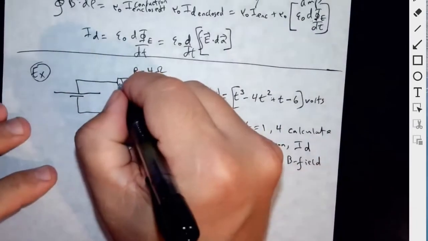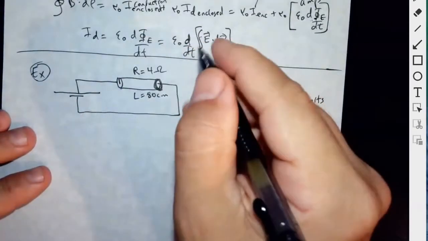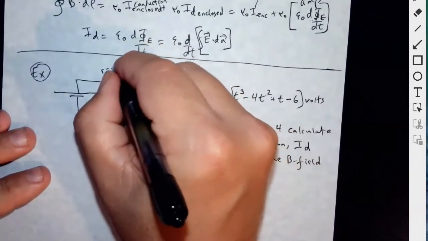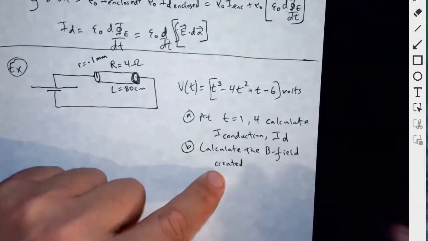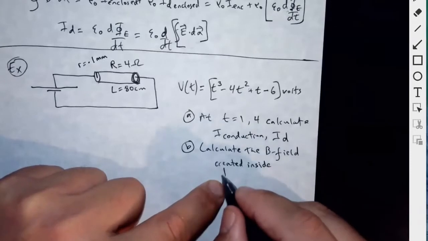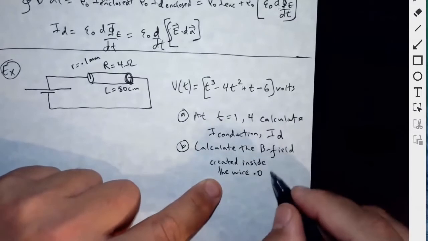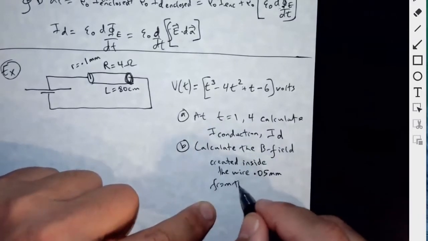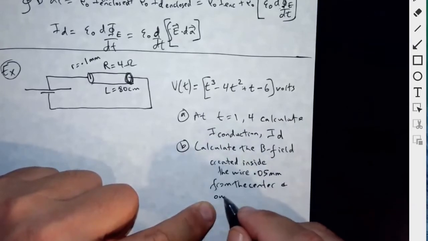let's say the radius of this wire is 0.1 millimeters. So let's say calculate the B field created inside the wire, 0.05 millimeters from the center, and outside the wire.